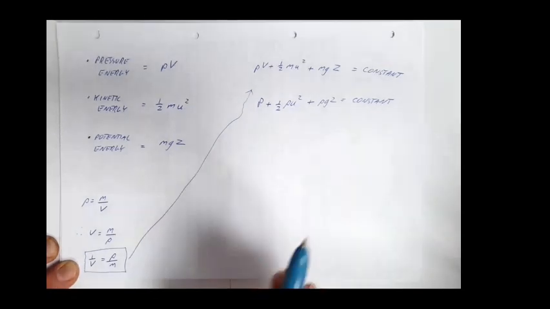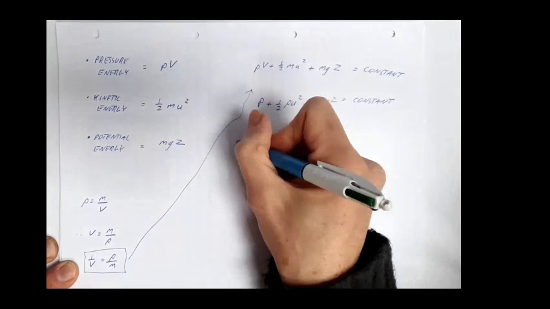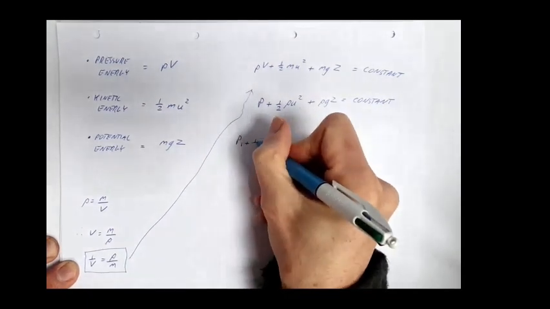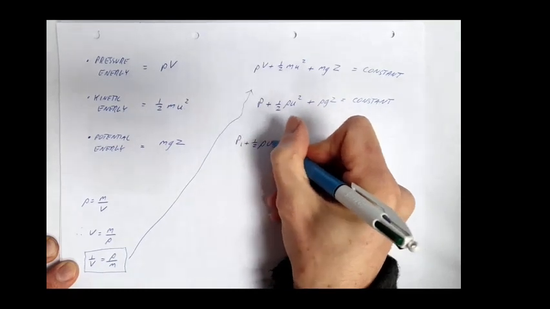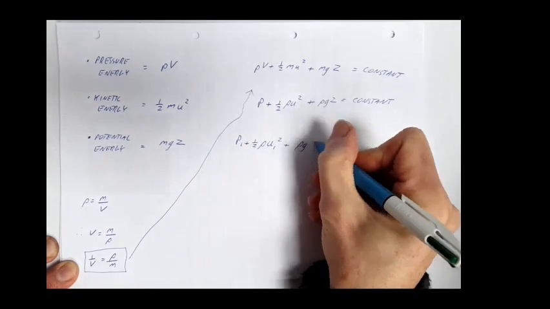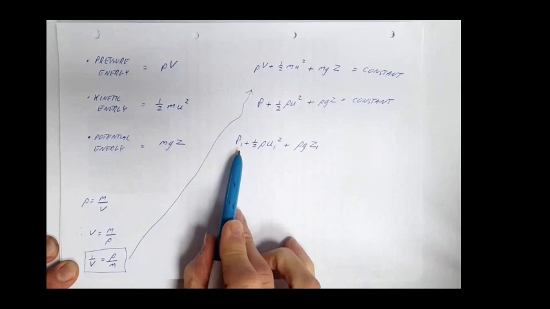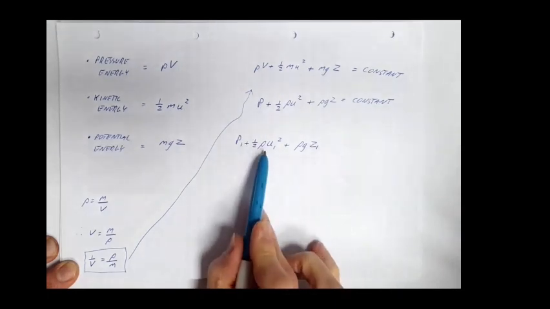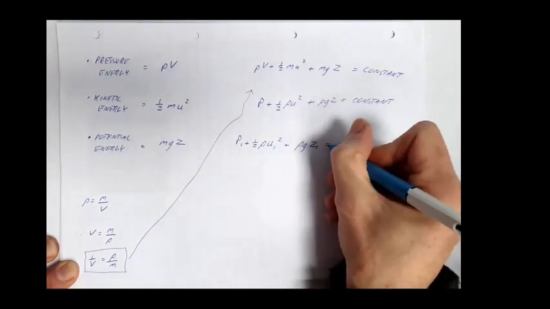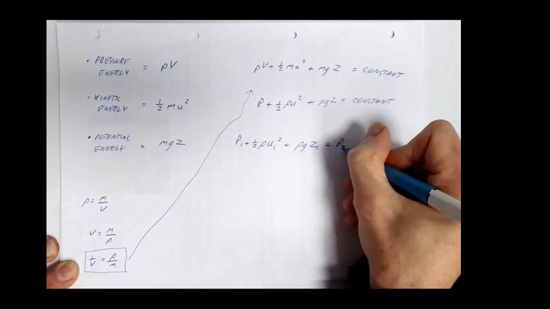Or if we're considering fluid flowing through a pipe, we consider the pressure at position 1, P1, plus a half rho u1 squared plus rho gz1. So that's the energy associated with the pressure at position 1, the kinetic energy at position 1, and the potential energy at position 1. That's equal to the same three sources of energy at position 2.